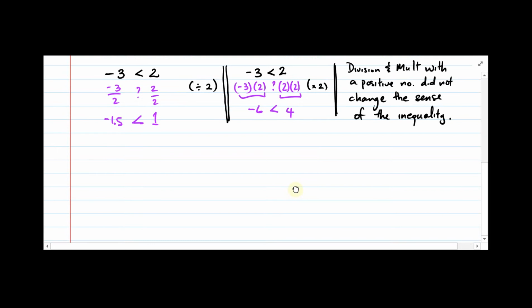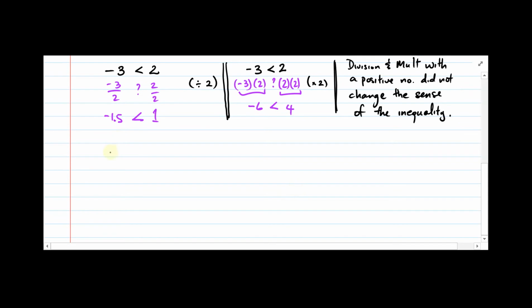All right, still using the same example of negative 3 is less than 2. Let's this time divide throughout by negative 2. So I would have negative 3 over negative 2, and 2 over negative 2, and we're questioning what happens here.